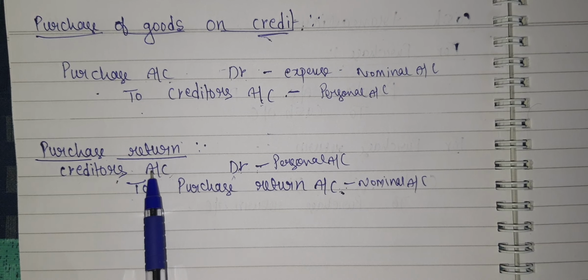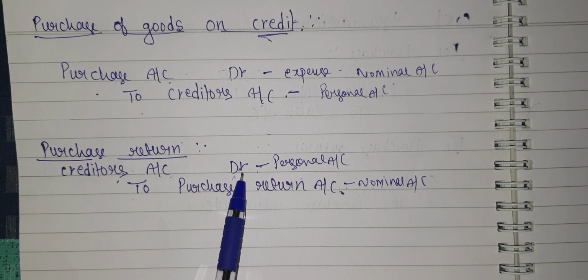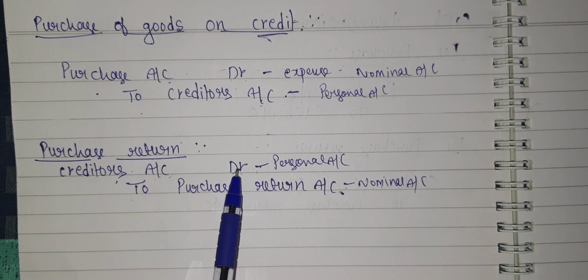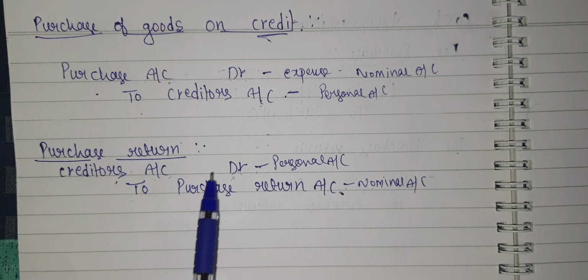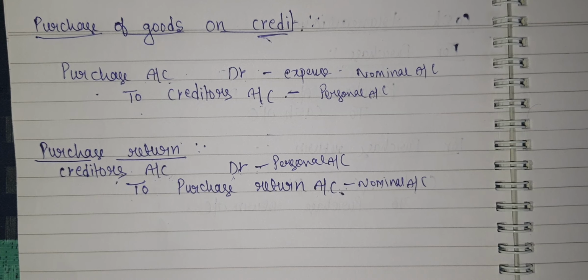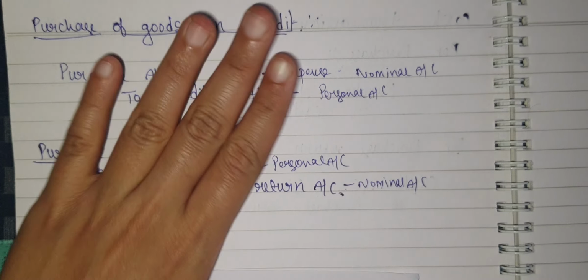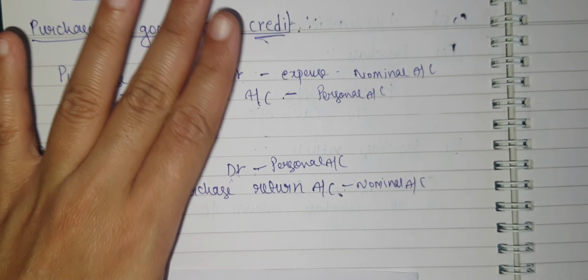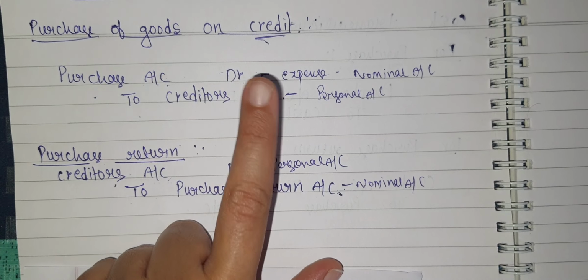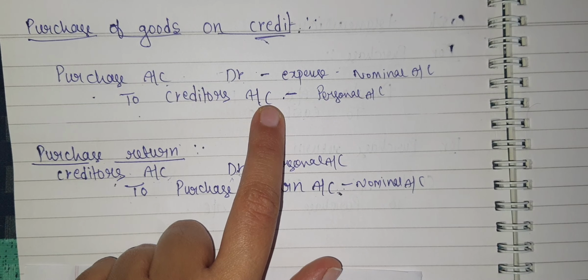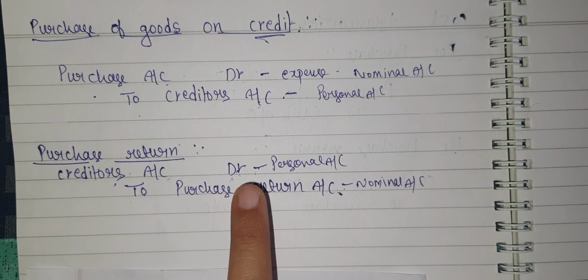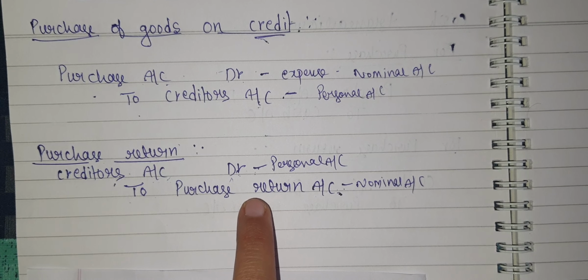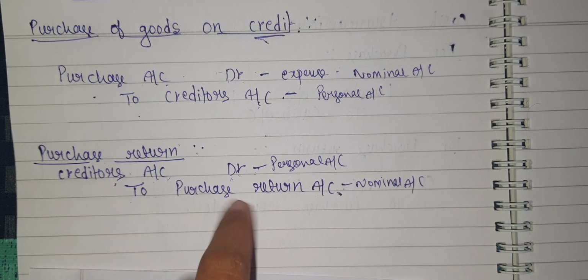See, the creditor's account is debited under purchase return transaction. There is one more reason, that is the reduction of liability. How? When goods were initially purchased on credit, the creditor's account was credited, and during purchase return, the liability to the creditor decreases.